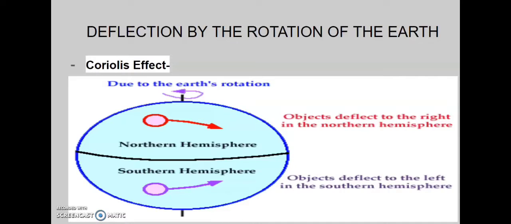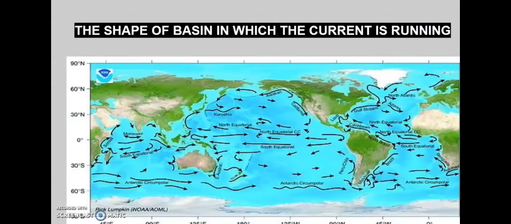Ito yung example ng Coriolis effect. Anyway, yung Coriolis effect ay yung direction nito, yung naka-bend or sa Tagalog, nakabaluktot. Ito ang example ng Coriolis effect.